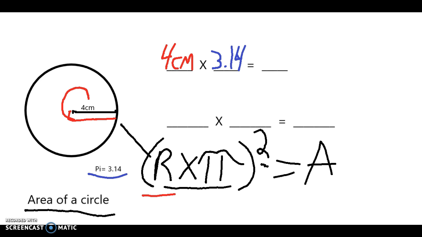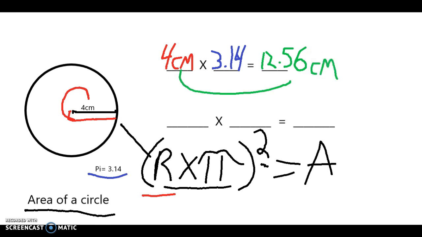It's its own different entity. And when we multiply that, it comes out to 12.56. And we have to bring down the units, which is centimeters.